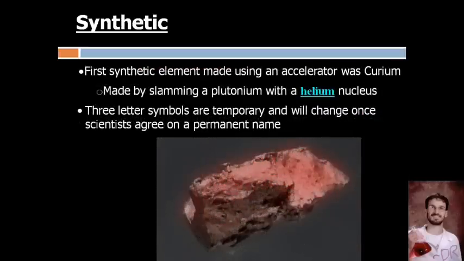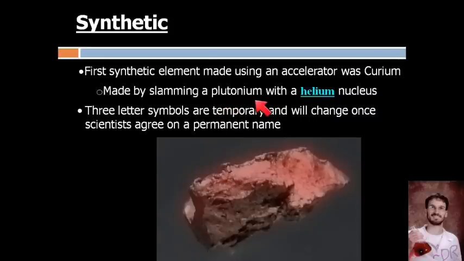The very first element ever made using a particle accelerator was named Curium. It was named after one of the most important scientists known to man, who you will learn about in a little bit. And they made Curium by slamming atoms of plutonium, which, remember, plutonium was already a synthetic element.